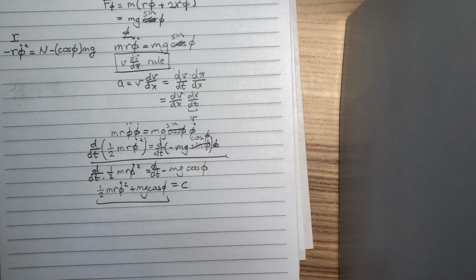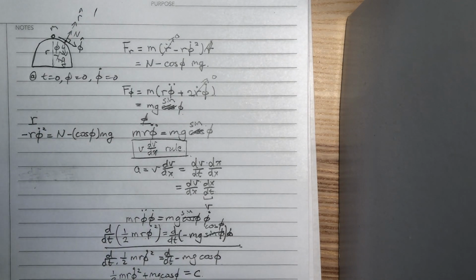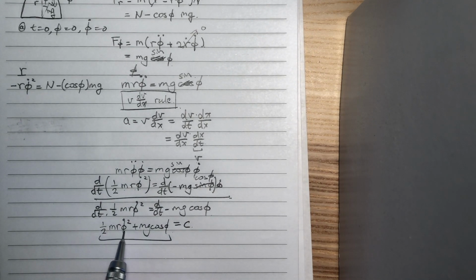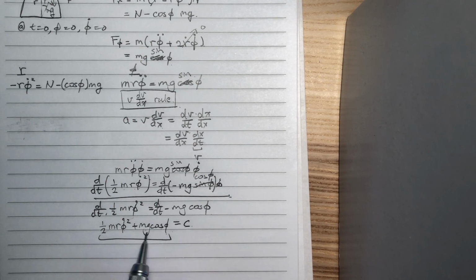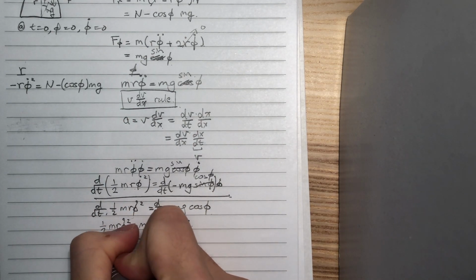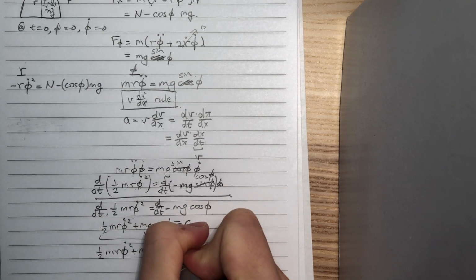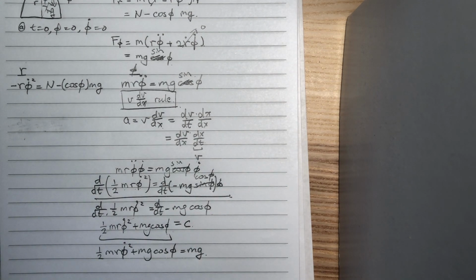Now we have to use our initial conditions to determine the value of C. We know that phi dot equals 0 at t equals 0, phi equals 0 at t equals 0. So this term would just be 0, and cos of 0 is 1, so C equals mg. So we have 1/2 m r phi dot squared plus mg cos phi equals mg. Okay, that's great.